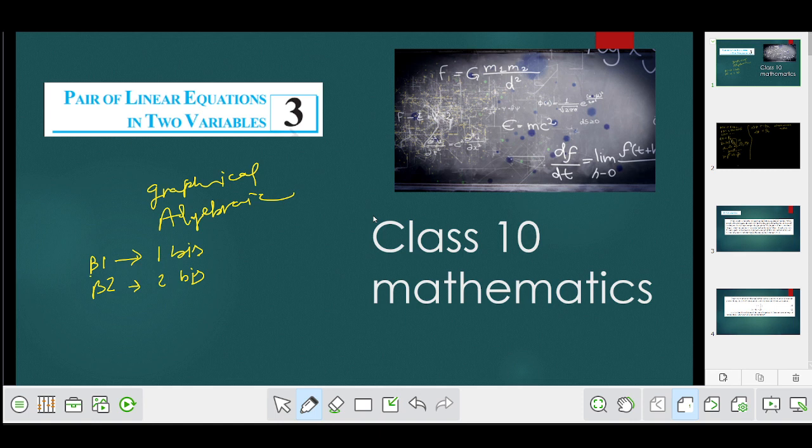Did you know that the ancient mathematician and astronomer Aryabhatta, who lived in the 5th century AD, made a significant contribution in the field of algebra.